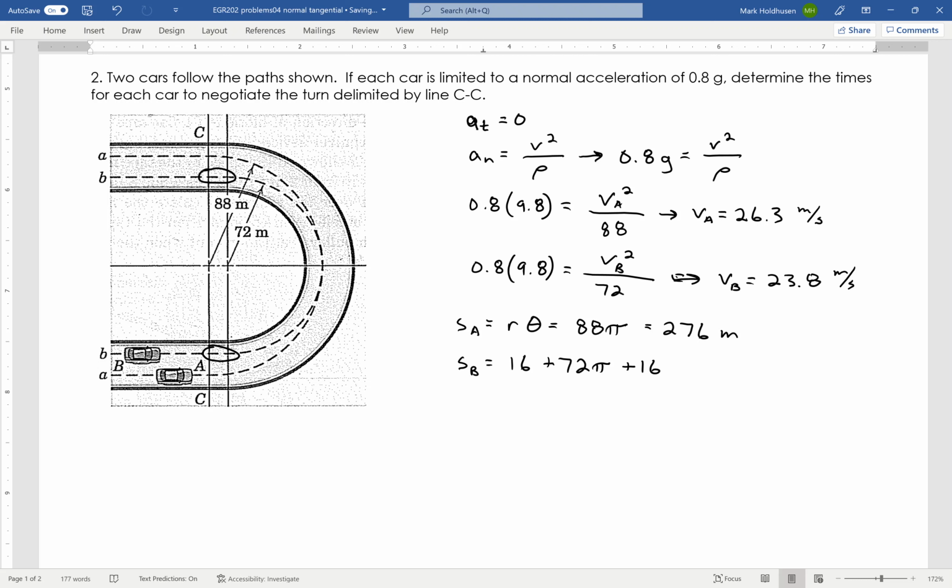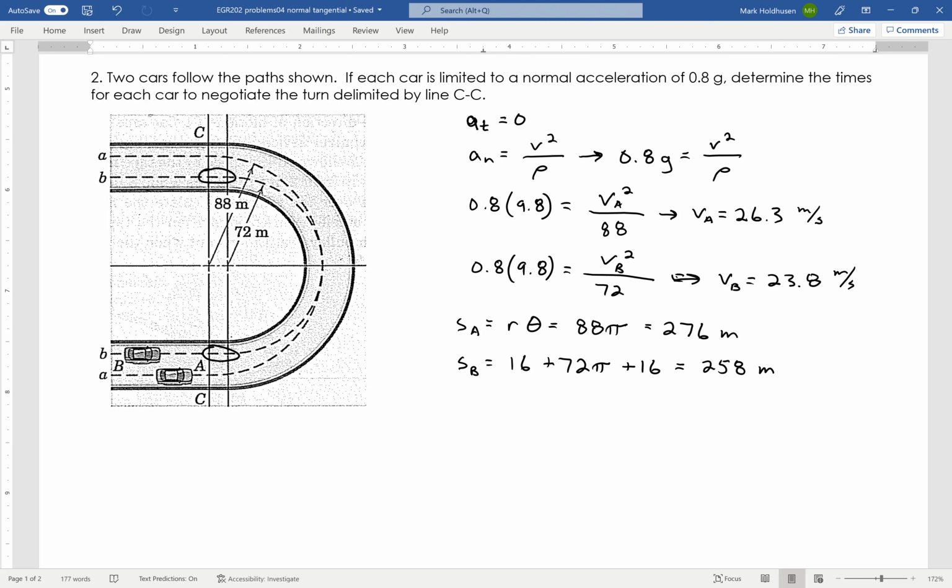So the total distance traveled of B is 258. So notice, even though it has straight paths and not just the curve, the curve is small enough that B actually travels a shorter distance. But remember that their velocities are different.